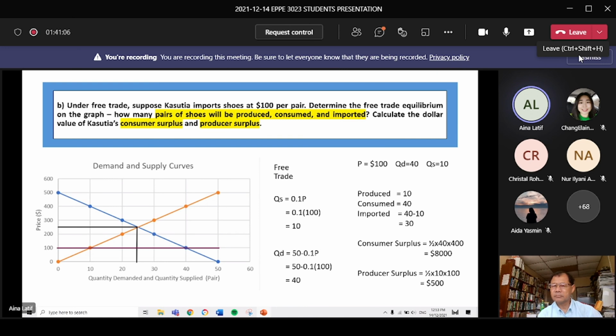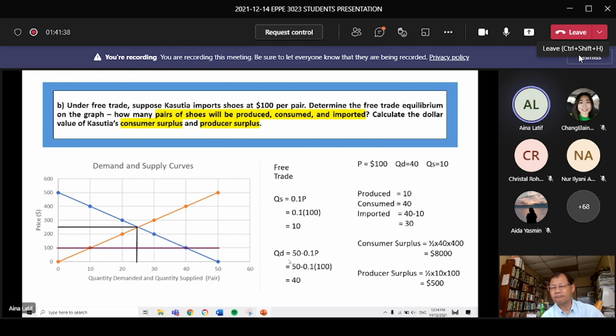Using the first graph that Young did, we can see that at $100 this is the free trade line, which is a straight line. To calculate how many pairs of shoes will be produced, we need to find QD and QS using the first equations. For QS, the equation that Young got is 0.1p, so 0.1 times 100 gives 10.